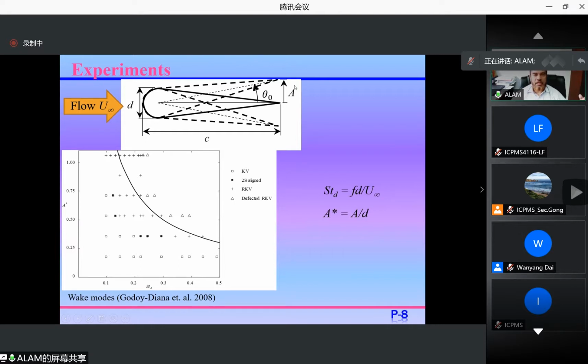Here, A is the amplitude of the foil oscillation, the vertical amplitude. So we call A-star equal to A over D, normalized by D.